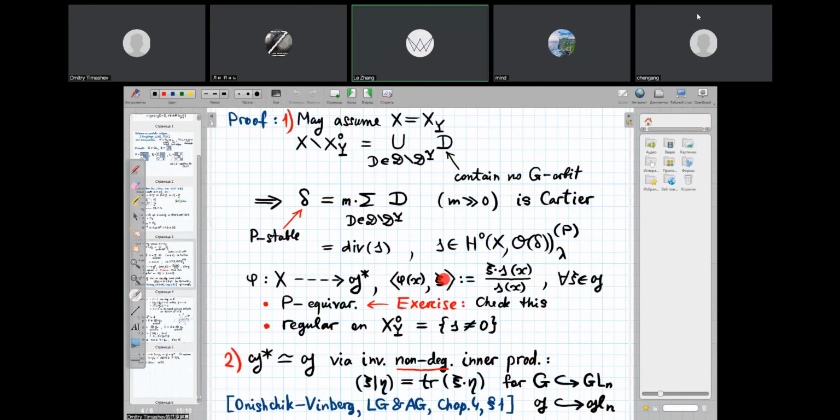Here it is not an inner product. Here it is a pairing. But if you identify G star with G via this inner product, then this pairing will become an inner product. So you are using the dual. Exactly. If you consider this as a vector in the dual space, then you have to take the pairing. But if you consider this as a vector in the same space, then this pairing will be replaced with the inner product. Okay?